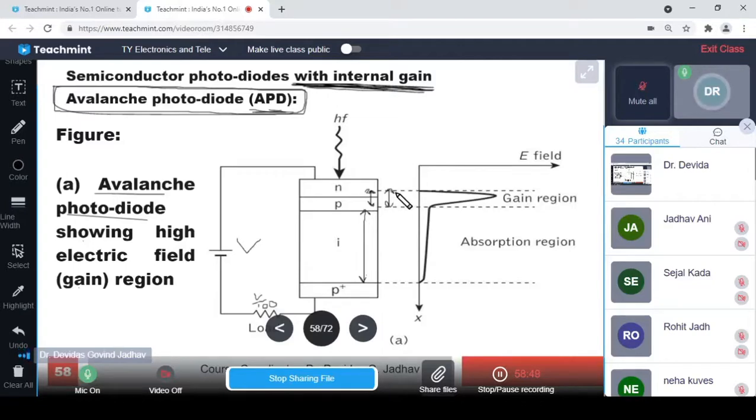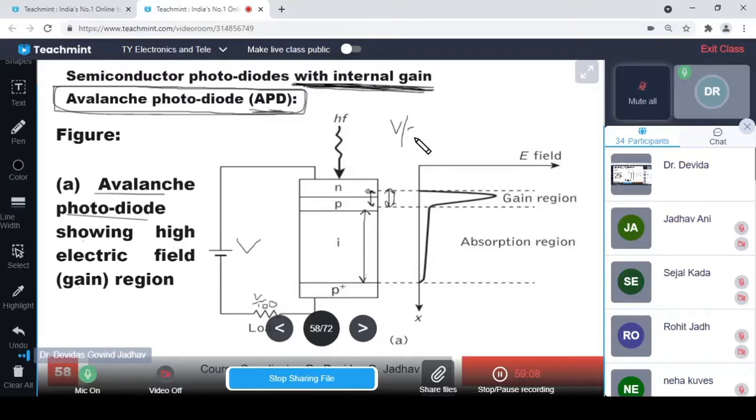Okay, so the electric field generated in this short width is very high. What is electric field? It is volts per distance, volts per centimeter or volts per meter.